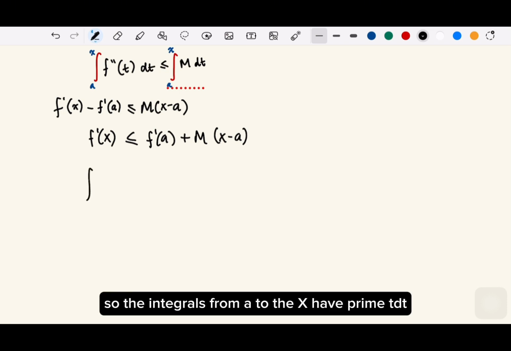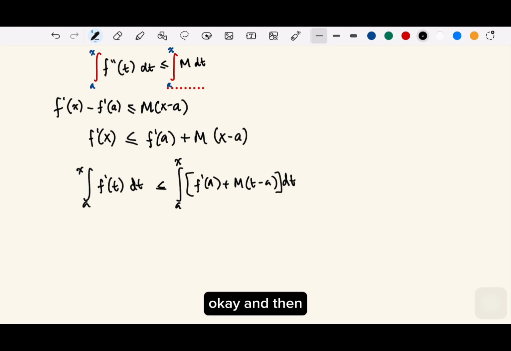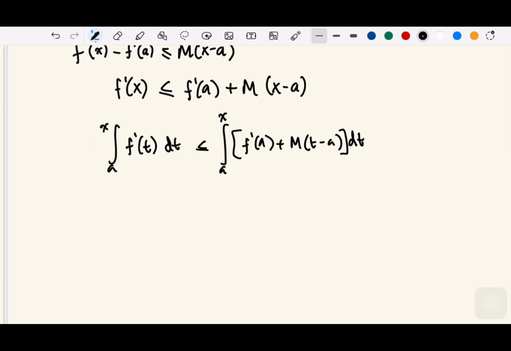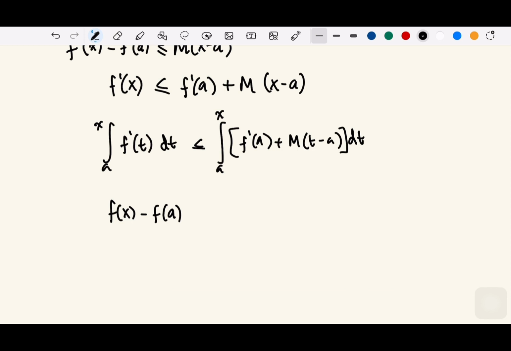So the integral from a to x of f prime t dt is less than or equal to this, and then we could set up f of x minus f of a.